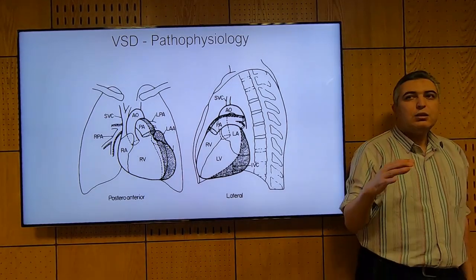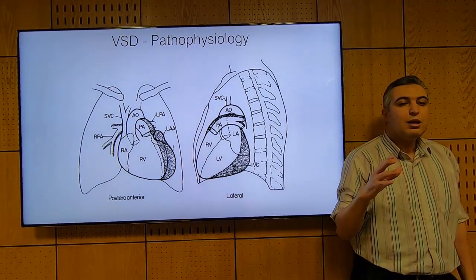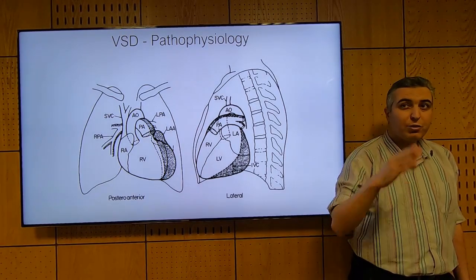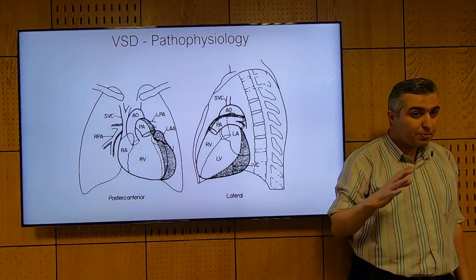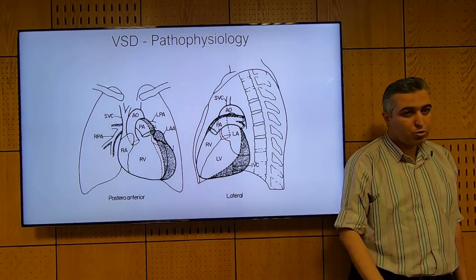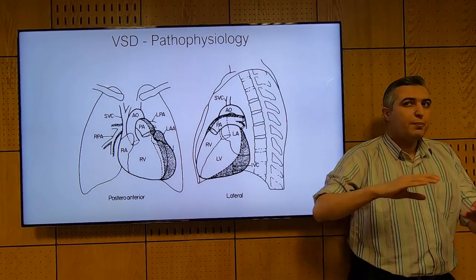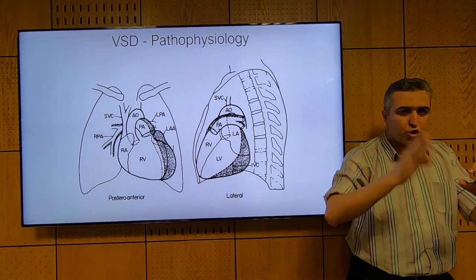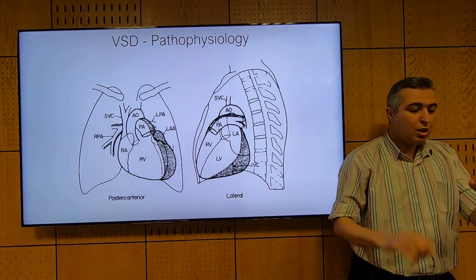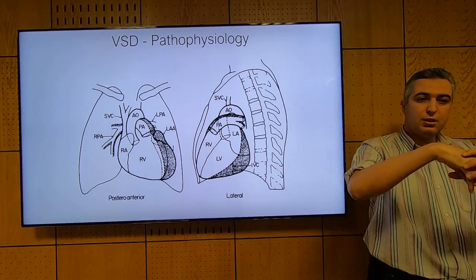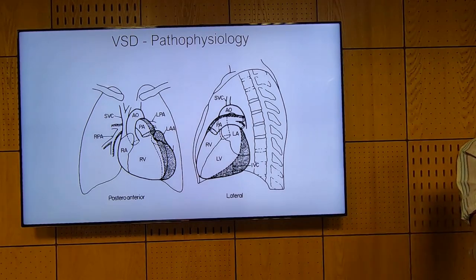So a patient gets a large unrestricted VSD. So there's a lot of blood and a lot of high pressure going into the pulmonary circulation. Now blood flow to the pulmonary circulation is really, really high, and so the pressure inside the pulmonary vessels is high.